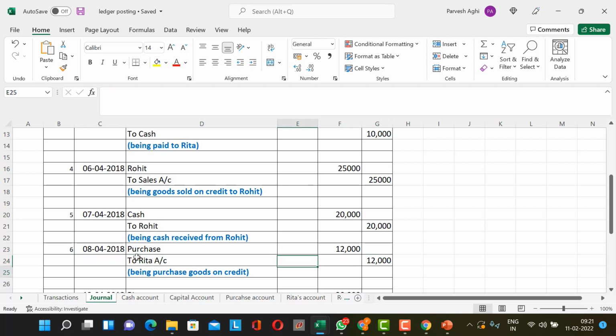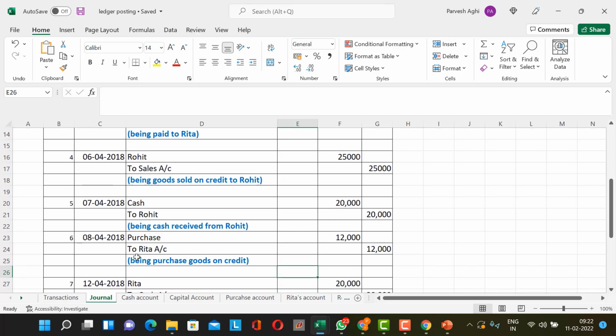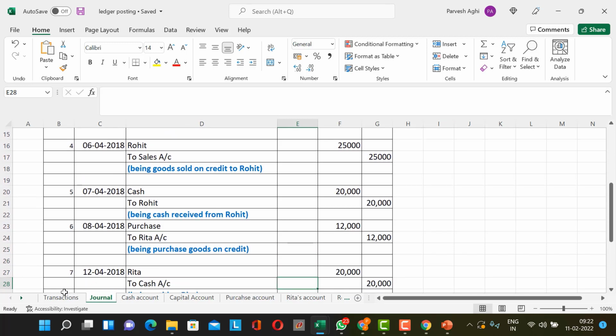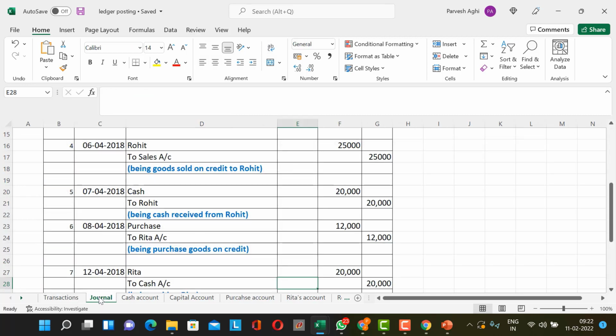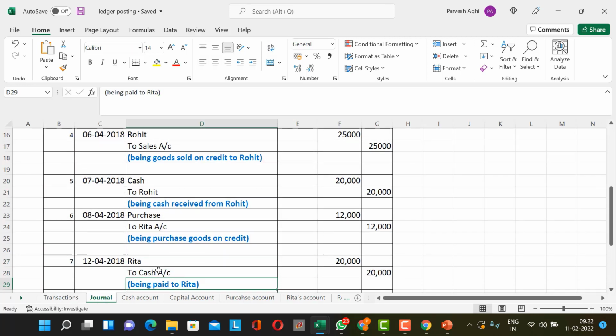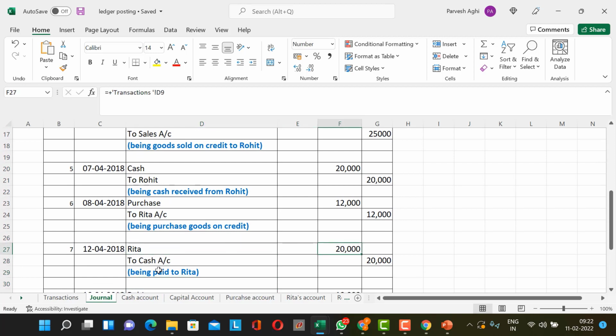Okay, then we go to the seventh transaction: cash paid to Rita. So the two accounts going to be hit are Rita and cash. Cash is going out, so cash will be credited, and Rita account will be debited. So let's look and see: Rita to cash. 20,000 has been paid to her because she's supplying goods to us, so that's why we are paying money to Rita.